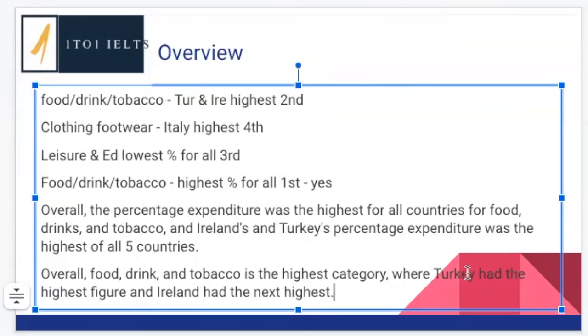Can we make this a little bit more concise? Parallelism, yeah. Rather than focusing on Turkey as the highest, Ireland next, because we almost have separate points here, how do I put these two together?